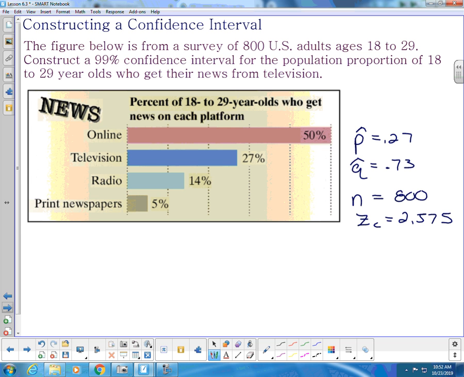What did we get? Guys, it's not a long lesson. Let's keep on here. So 2.575 times the square root of 0.27 times 0.73 over 800. Type it in your calculator. What do you get?